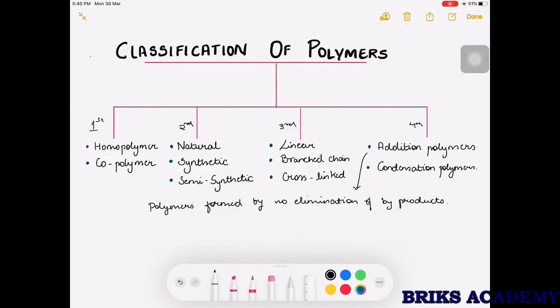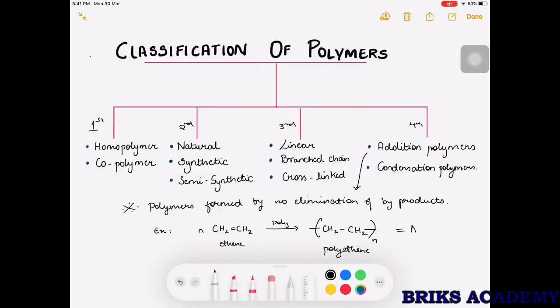For example, consider n moles of ethene, which after polymerization forms polyethene of n moles, where no byproduct such as H2O or HCl is formed.